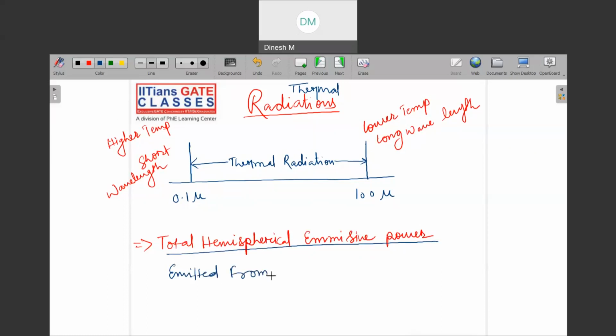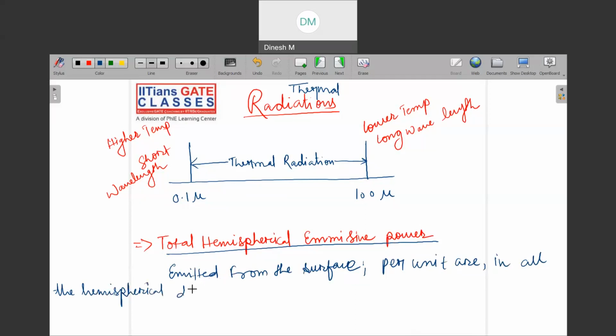We should keep this concept in mind that we are talking about emission from the surface, per unit area, in all the hemispherical directions.